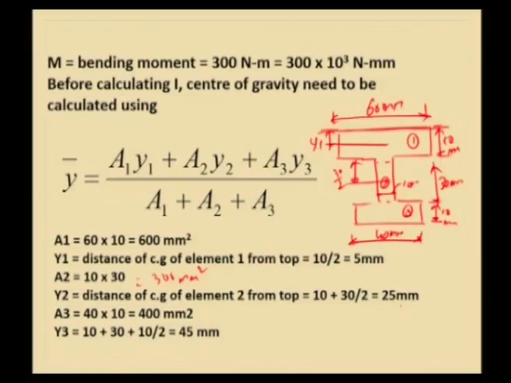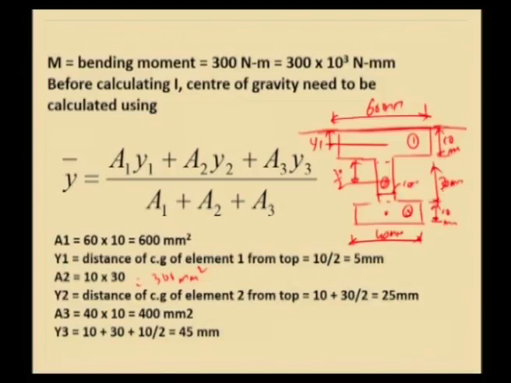Then A3, the area of cross section of element 3, is equal to 40 into 10, which is equal to 400 millimeter squared, and y3 is the distance from the top, the reference axis for y bar, to the CG of element 3. So, that will be equal to, we have a depth of 10 mm for the top flange plus 30 mm for the web.